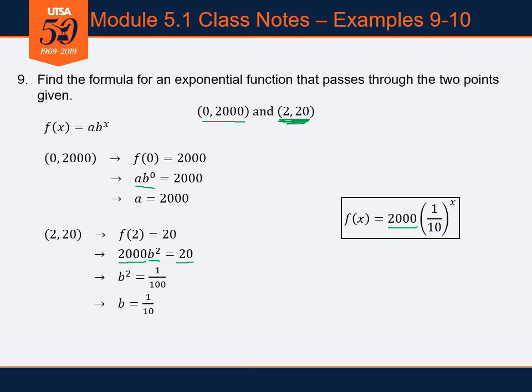And when we look at applications very soon, we will use this information to answer questions about applications. For example, this is an exponential decay formula. This is an example of exponential decay because my outputs are decreasing over time.